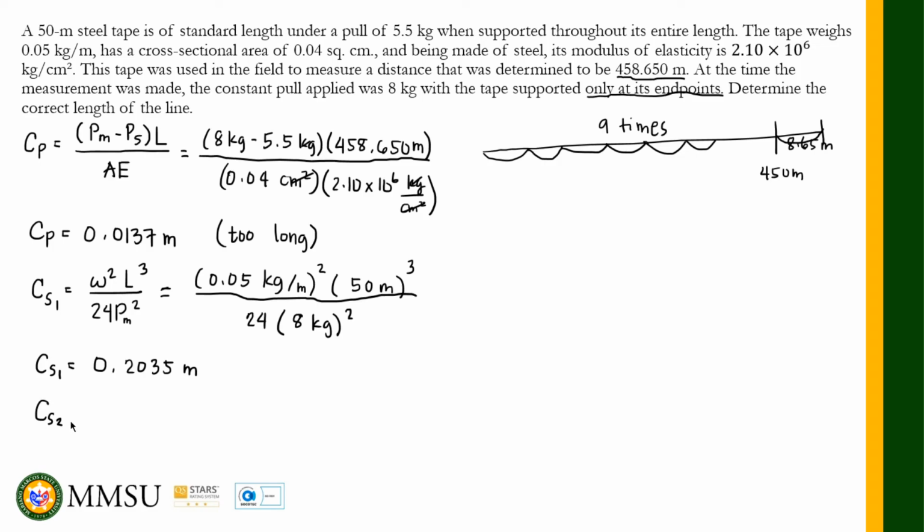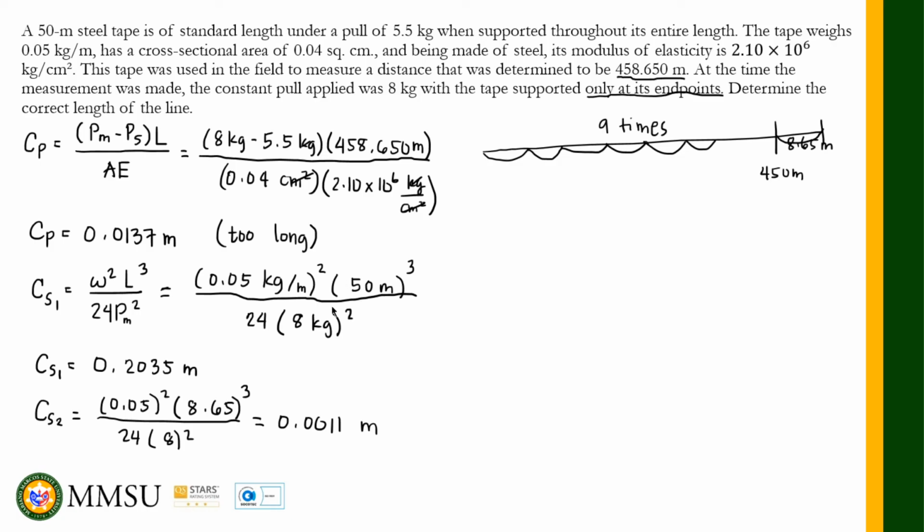The correction due to sag 2 is the same formula, only the length changes: 0.05 squared multiplied by 8.65 cubed, divided by 24 times 8 squared. So that's 0.0011 meters.